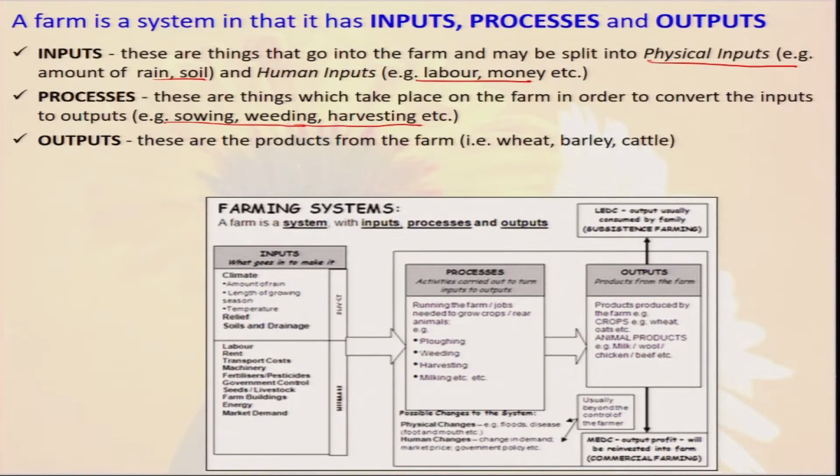Ultimately we get the produce, such as vegetables, fruits, rice, maize. These are all the outputs. So this farming system is a holistic approach, a total farm-based system where all these inputs go through different agricultural techniques, and finally we are interested in getting good quality and a sufficient amount of outputs.